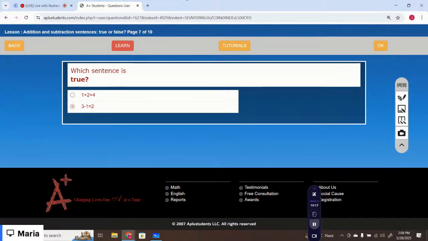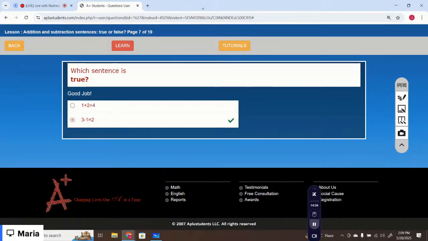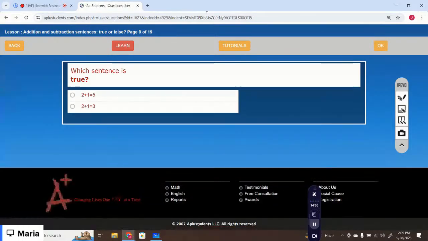Option number two is the correct option. 3 minus 1 equal to. Which sentence is true?